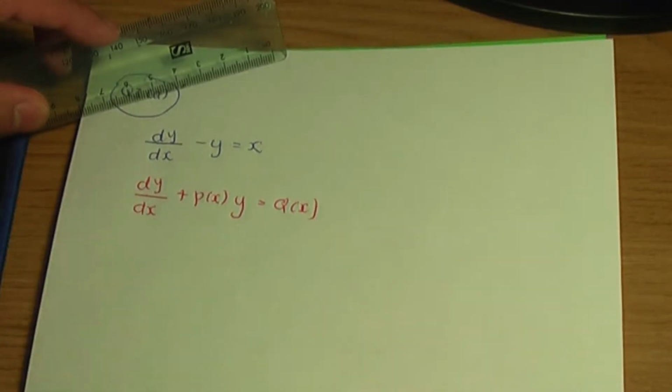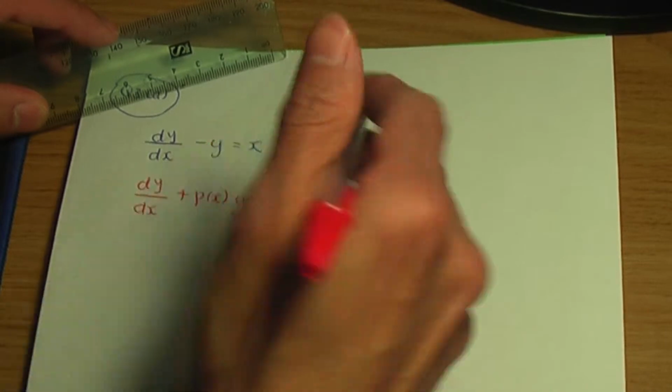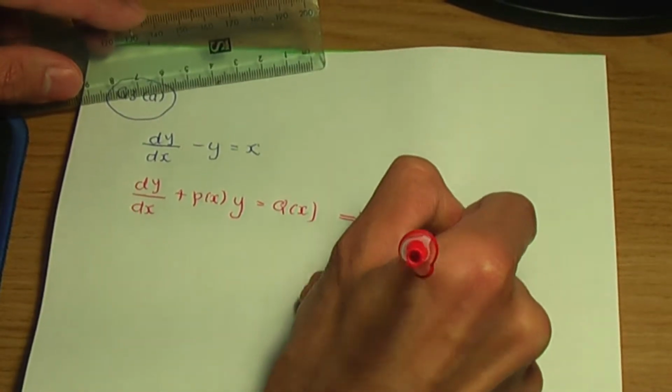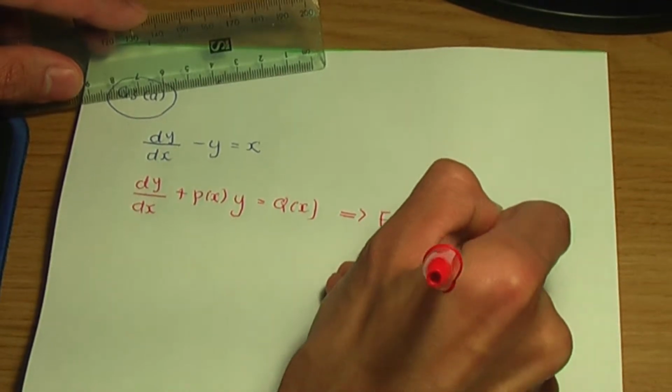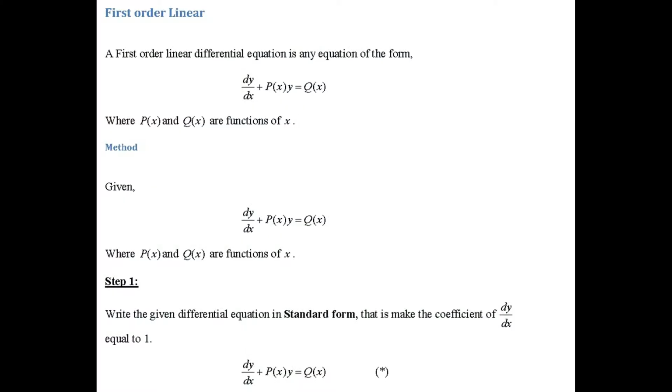So p(x) and q(x) are functions of x. And if you have an equation of this type, you have a first order linear differential equation. Now, if you're unaware of the method, let's go to the screenshot explaining the method.